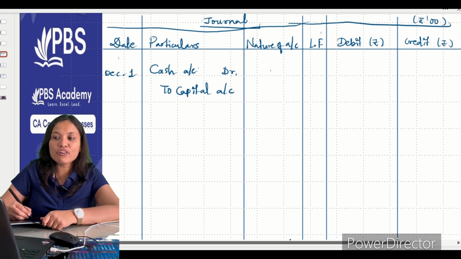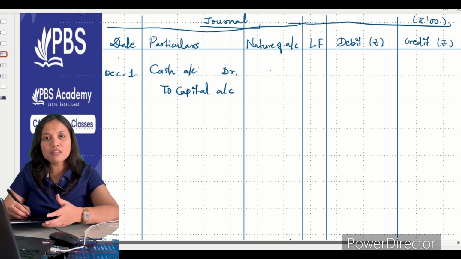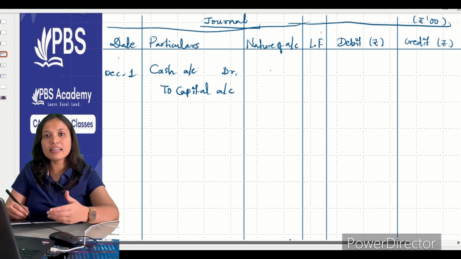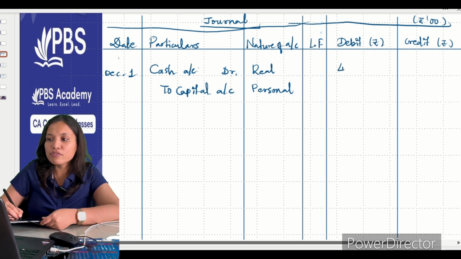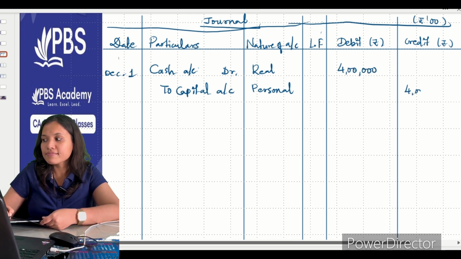Now, what is the nature of account? I can write it as real, personal, nominal or asset, liability, expenses, income. Any approach you can follow, but let us follow traditional approach here. Cash is real, capital is personal. What is the amount? 4 lakhs.